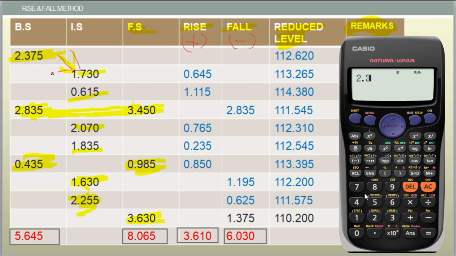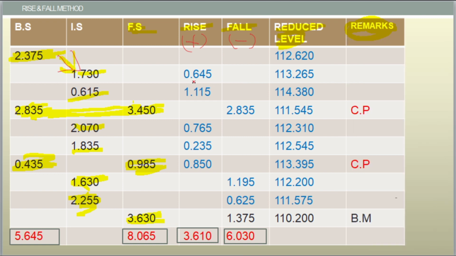And so let's look at the first calculation. So 2.375 minus 1.73, here you get a positive 0.645. So this is the data that we put.